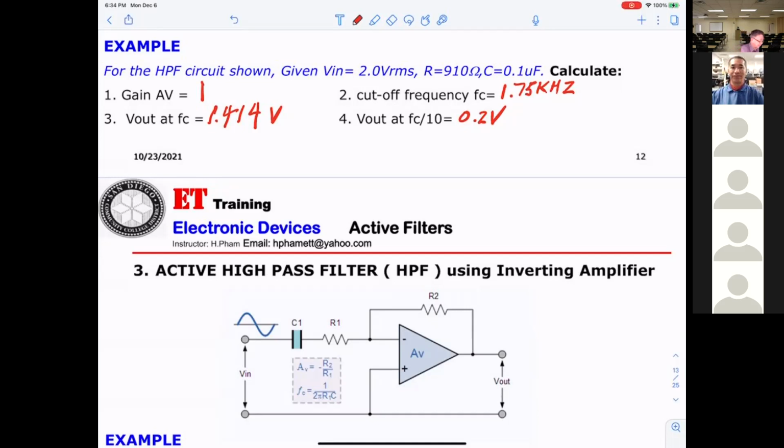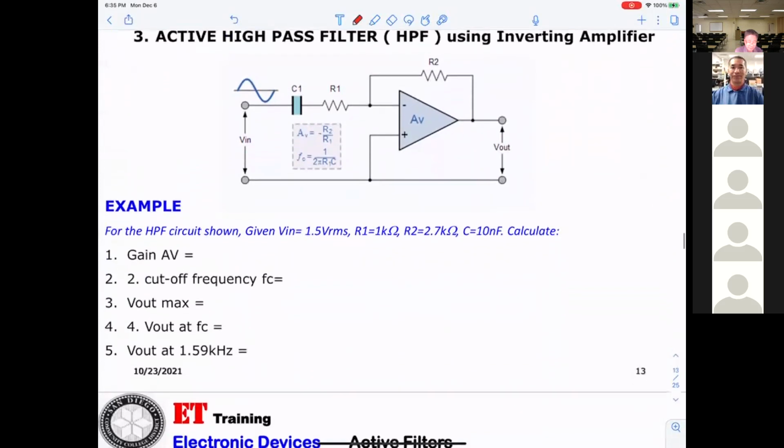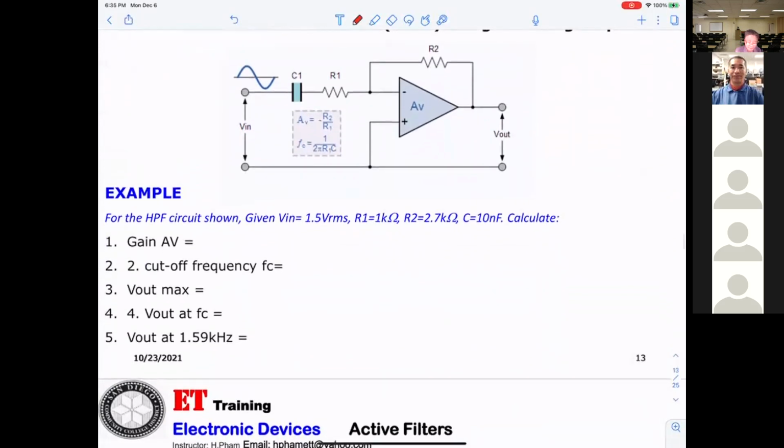Any question about it? Example. Okay. Now they're using non-inverting.